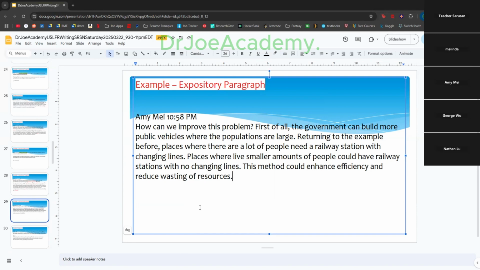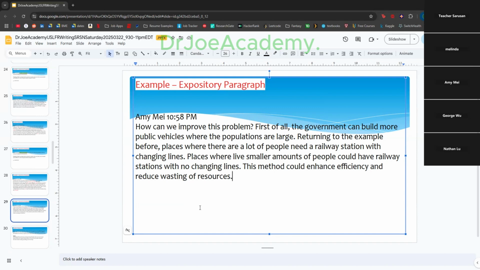So how can we improve this problem? First of all, the government can build more public vehicles where the populations are large. Returning to the example before, places where there are a lot of people need a railway station with changing lines.